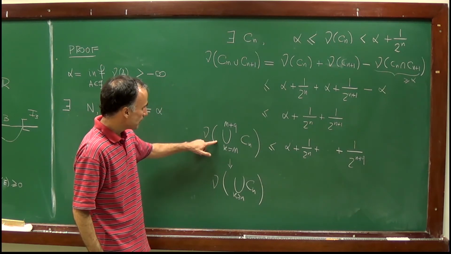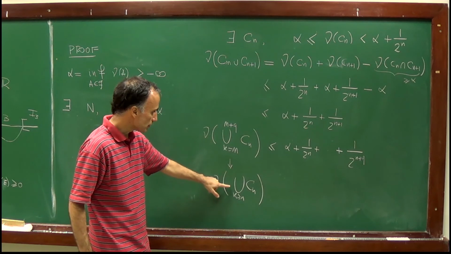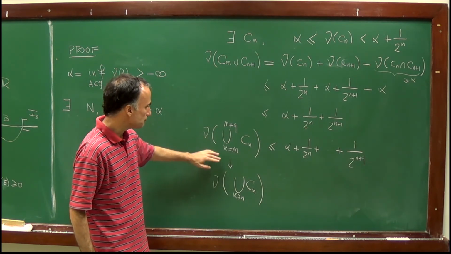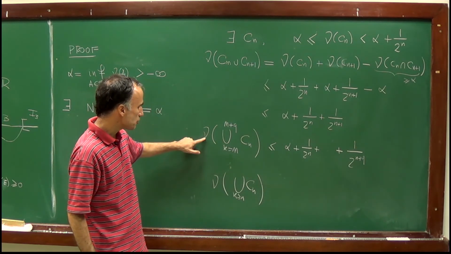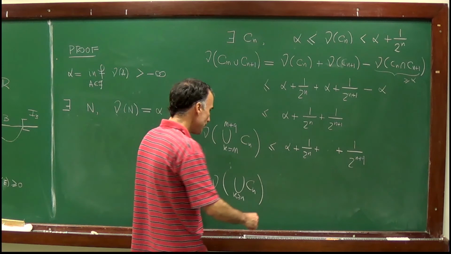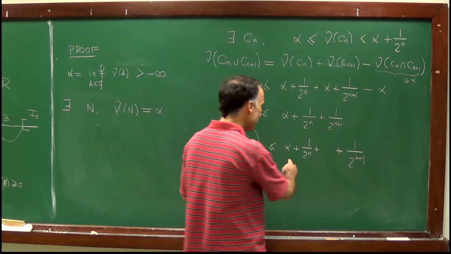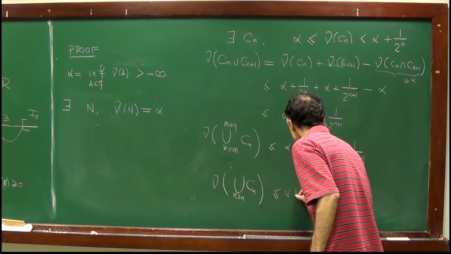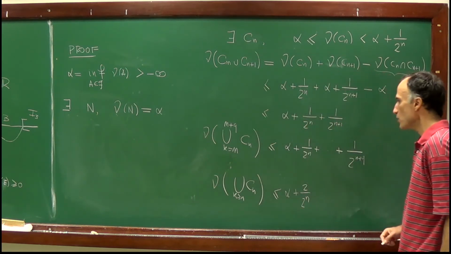So as q converges to plus infinity, this set is increasing to that one. Therefore, by the continuity from below, the measure of this set is converging to that one, and therefore we get that the measure of this set is bounded by this infinite sum, and the infinite sum is less than 2 divided by 2 to the power n.